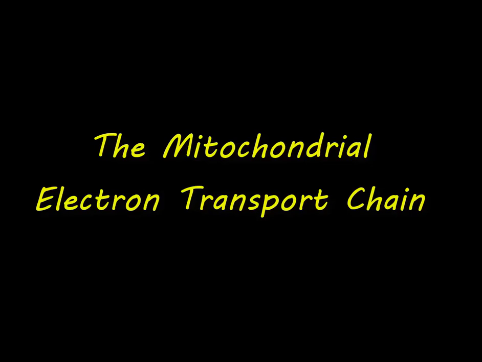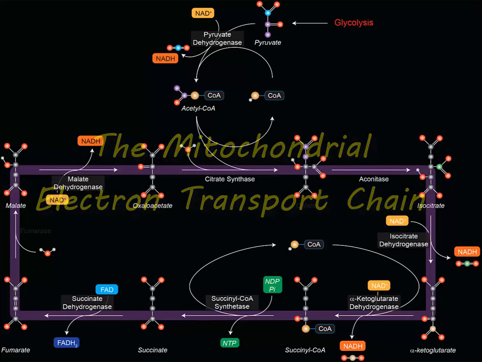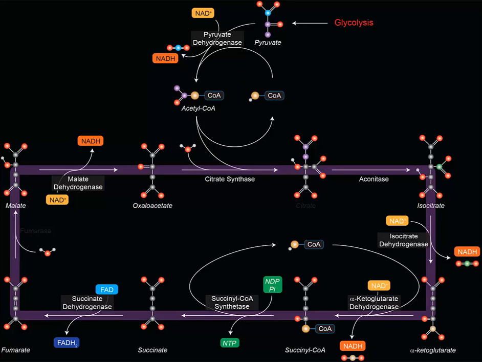Hey y'all. So in the last video, we discussed the general idea behind the TCA cycle, and we recognized that during the TCA cycle, we complete the oxidation of glucose or other carbon sources down to carbon dioxide, and the electrons that we generate are carried forth through these two molecules, NADH and FADH2.